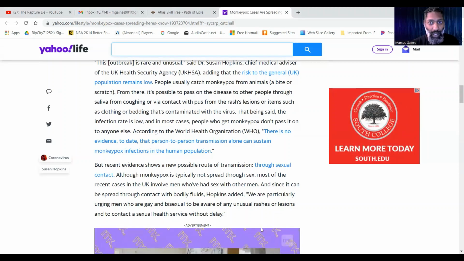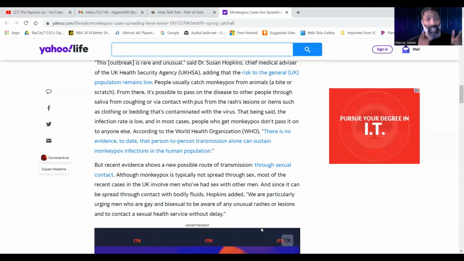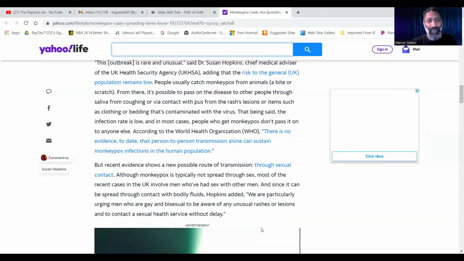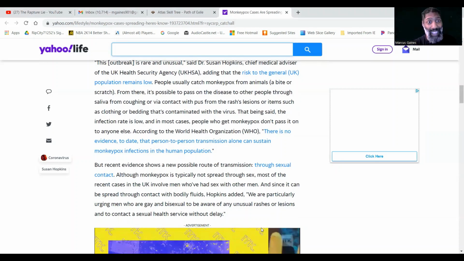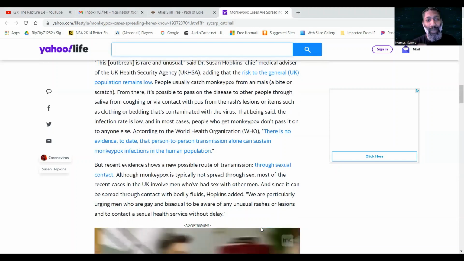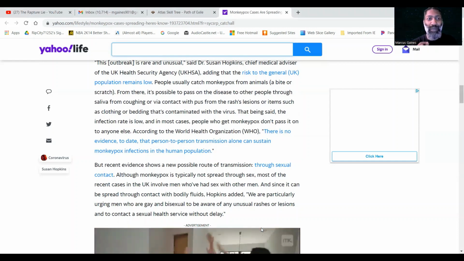I want you all to listen to that and really, really think about this. And that's a quote straight from the WHO. There is no evidence to date that person-to-person transmission alone can sustain monkeypox infections in the human population.